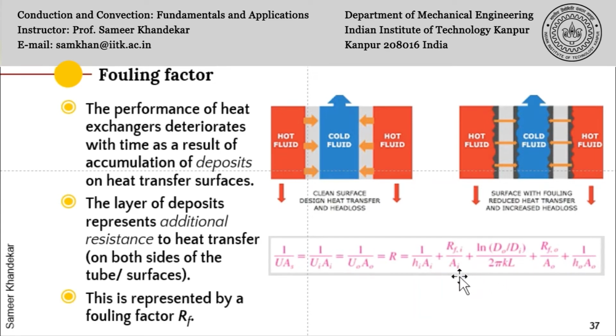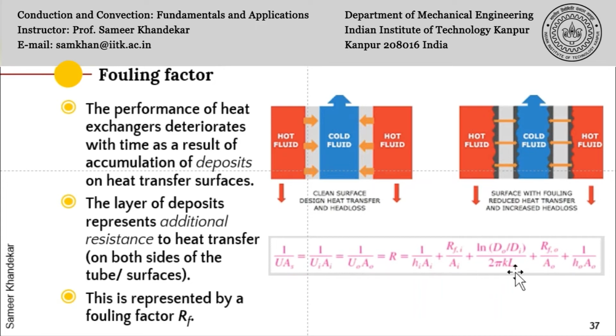Now what we are introducing here are two additional resistances, that is Rfi, which is the resistance because of the fouling which has occurred on the inside, and Rfo, which is on the outside.